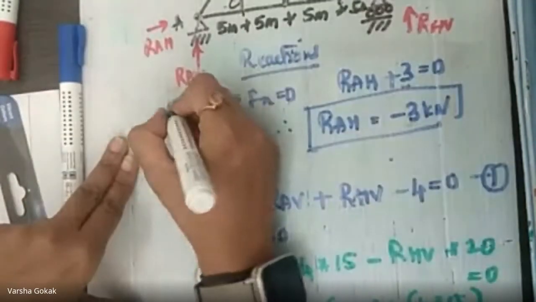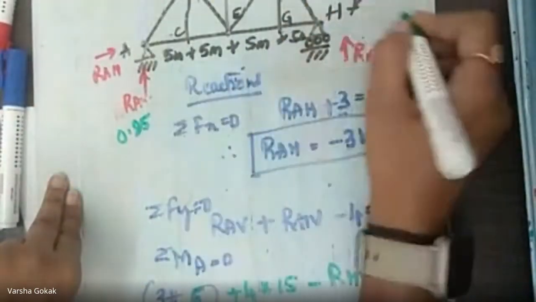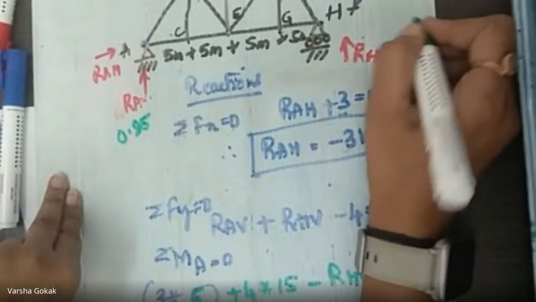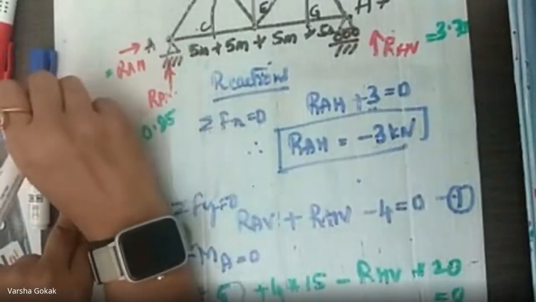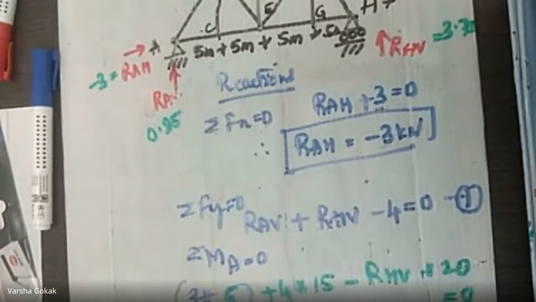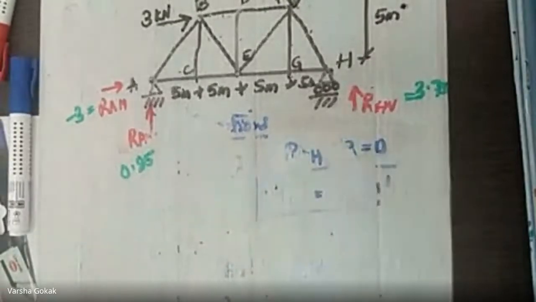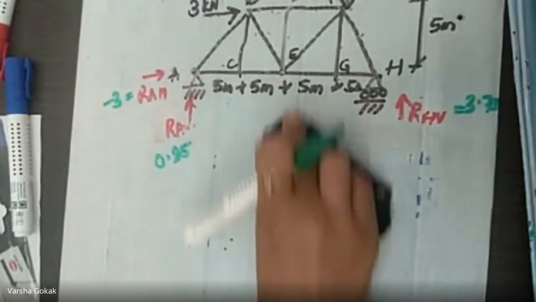So RAV is 0.25 kilonewtons, RHV is 3.75 kilonewtons. And this is going to be equal to minus 3. Remember its value, because when I do joint by joint, I have to substitute that minus sign. So that minus sign is important for us. Do not anywhere leave the sign conventions when we are doing the trusses.